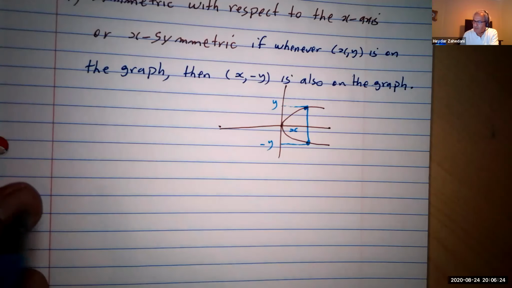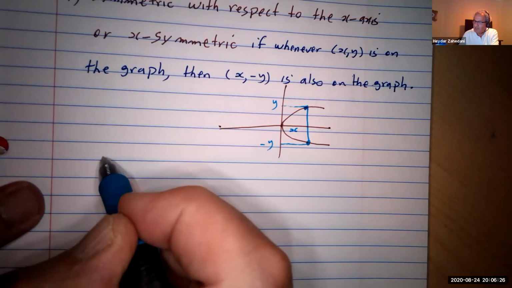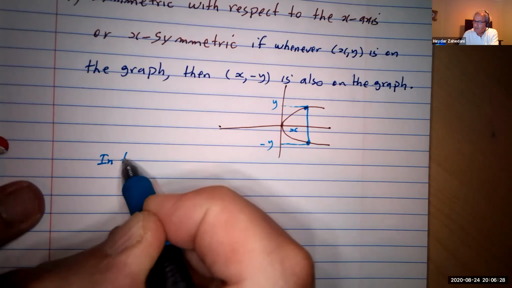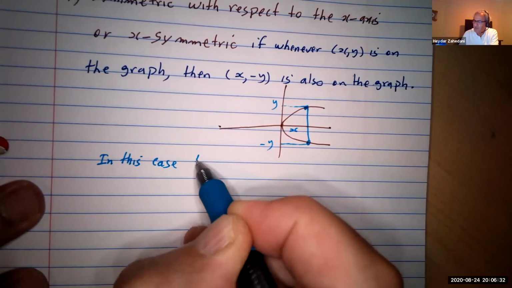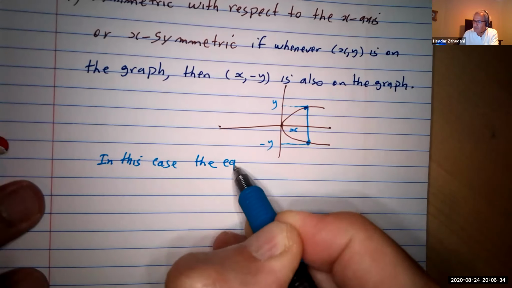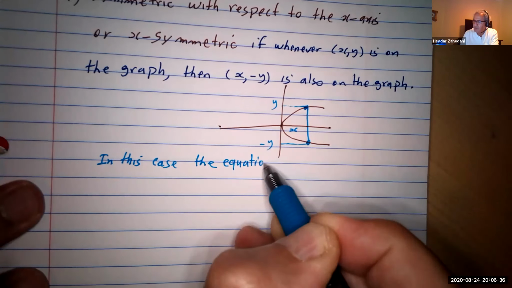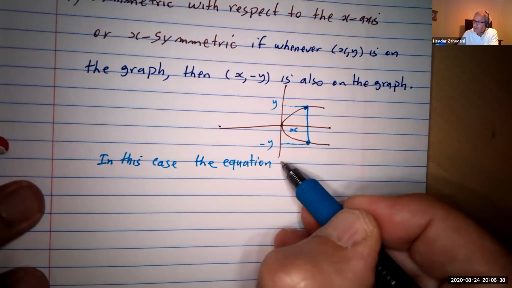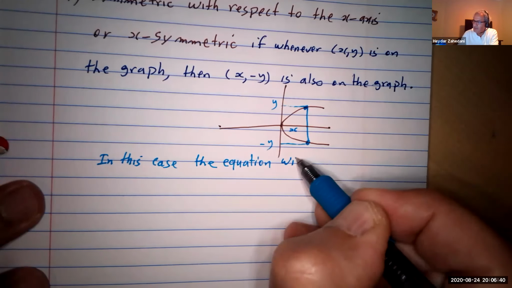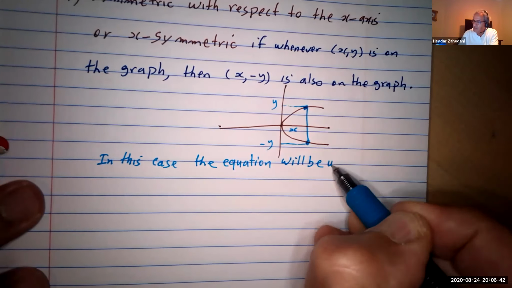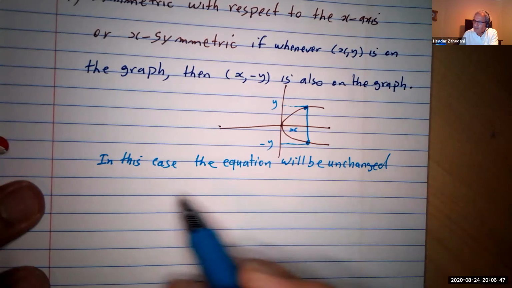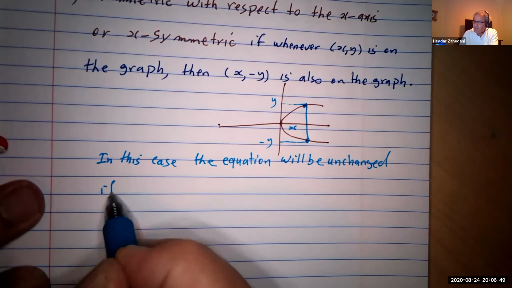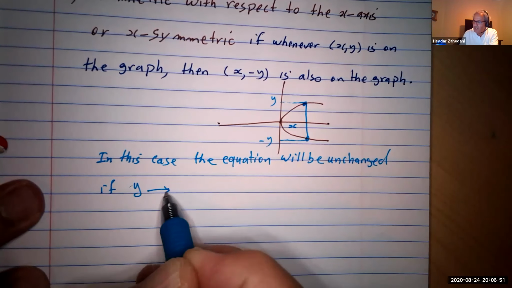Okay, so I just write this one. In this case, the equation is unchanged if we're just switching y to the negative y.